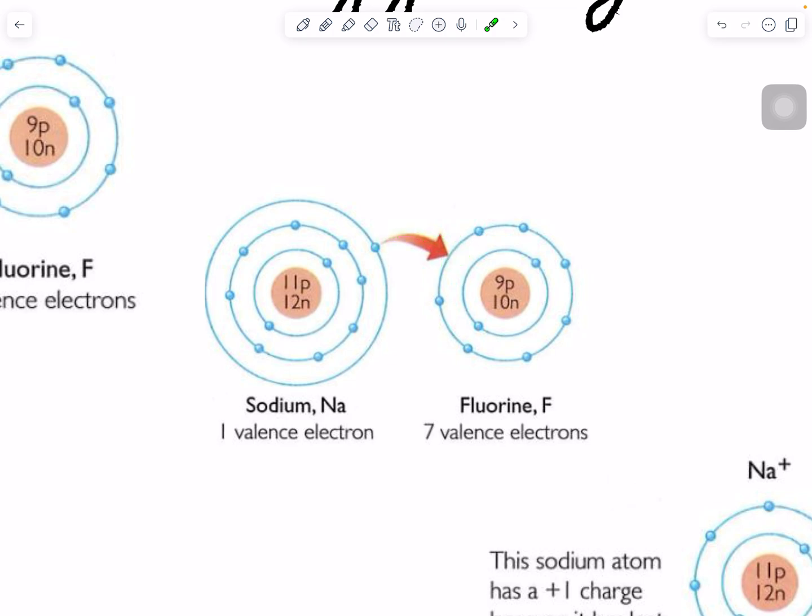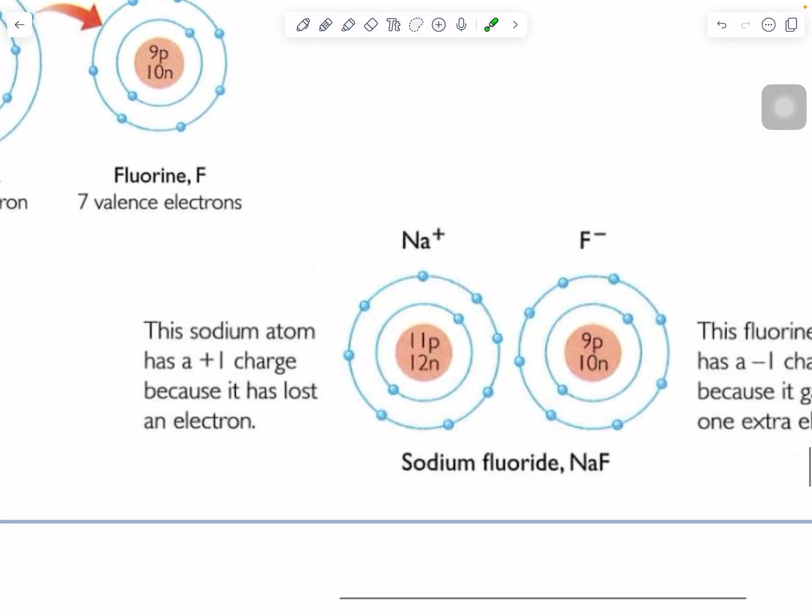So on the outer shell, we now have 1, 2, 3, 4, 5, 6, 7, 8 electrons on the outer shell, or a total of 10 electrons. And notice this is the ion.